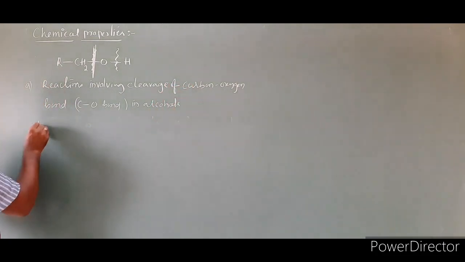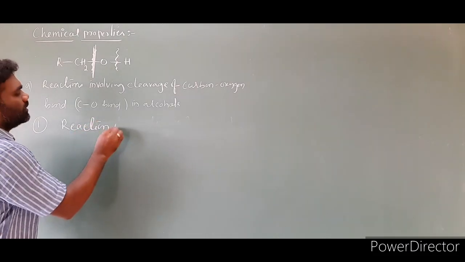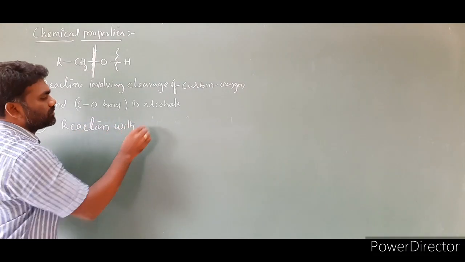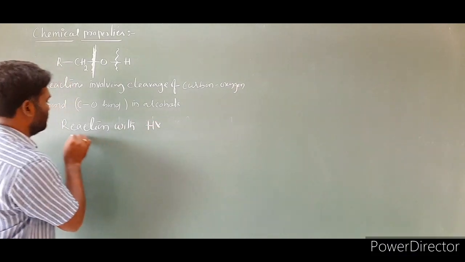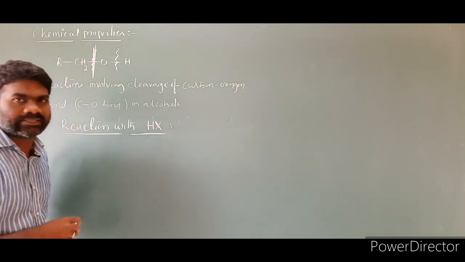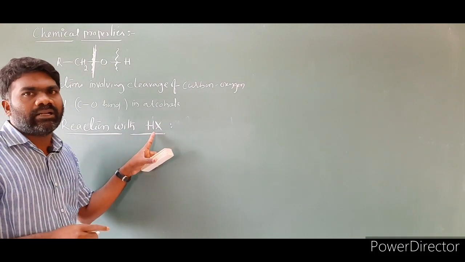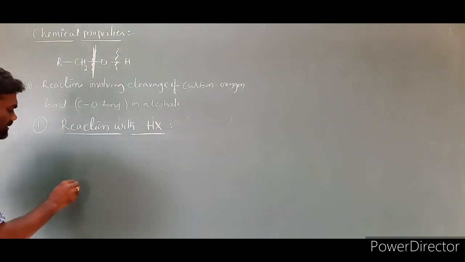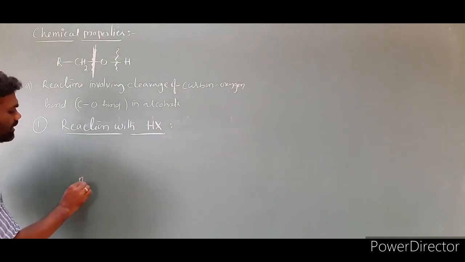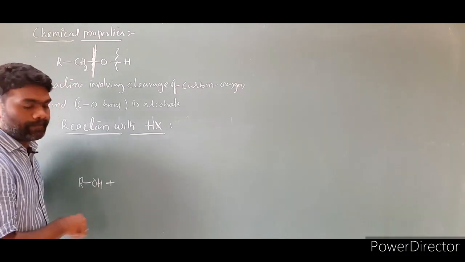Reaction number 1: reaction with HX, hydrogen halide. Alcohols react with HX to form alkyl halides. What is the meaning? I am taking alcohol ROH. Alcohol reacts with HX.